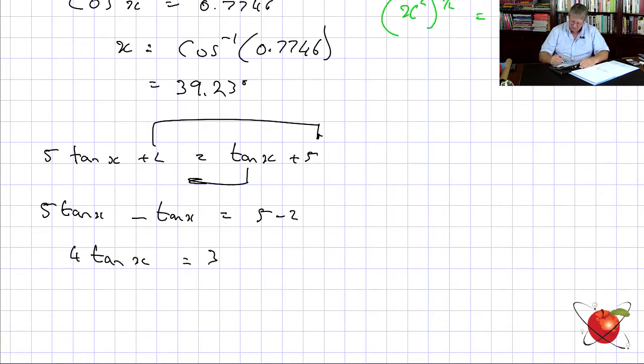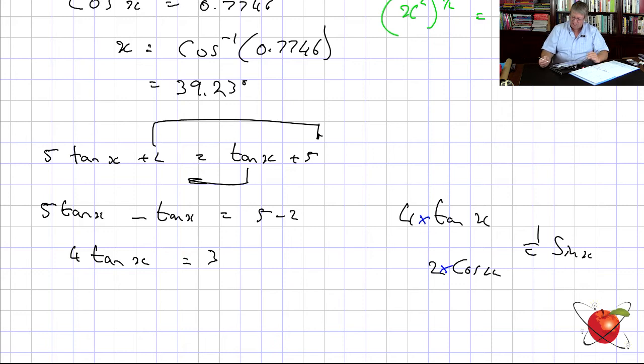Now, remember, this 4 tan x, 2 cos x, a half sine x. What does it mean? It means, guys, here is a multiplication sign between them. So there's a times sign between them. So what do I do? I divide both sides by 4.